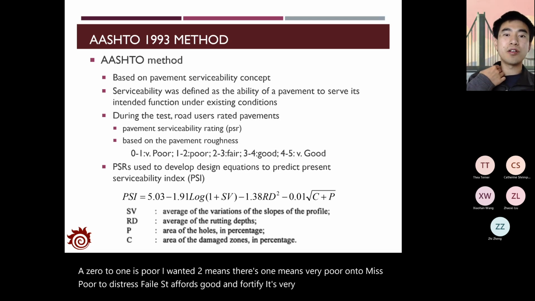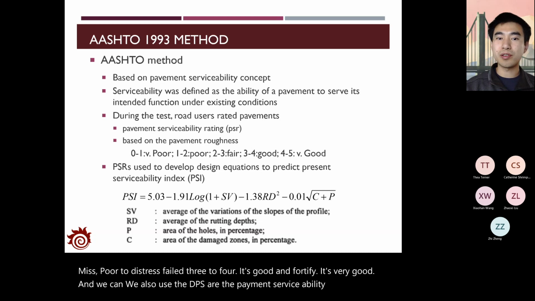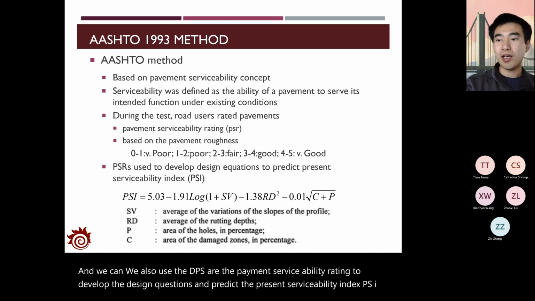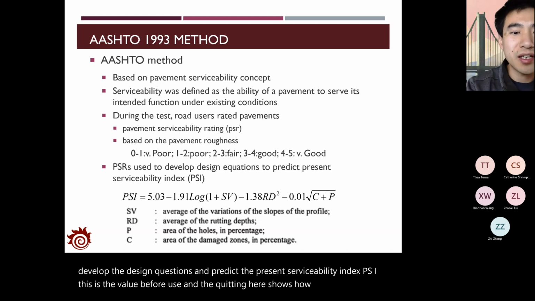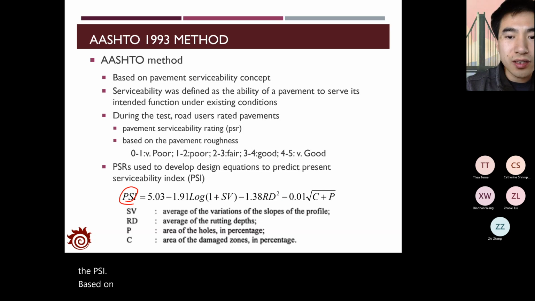And we also use the PSR, the pavement serviceability rating, to develop the design equations and predict the present serviceability index, PSI. This is the value we're going to use. And the equation here shows how we're going to calculate the PSI based on the PSR.